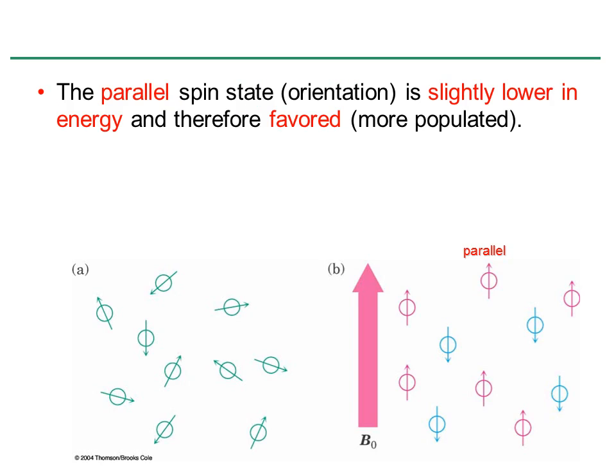The orientation of nuclei in response to the applied magnetic field depends on the energy of each nucleus. A nucleus with slightly lower energy will be oriented parallel to the applied field, while a nucleus with higher energy is oriented anti-parallel to the applied magnetic field.